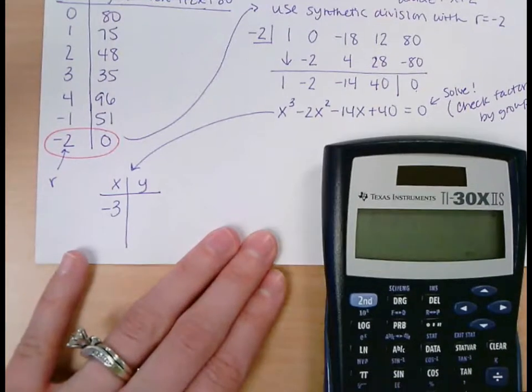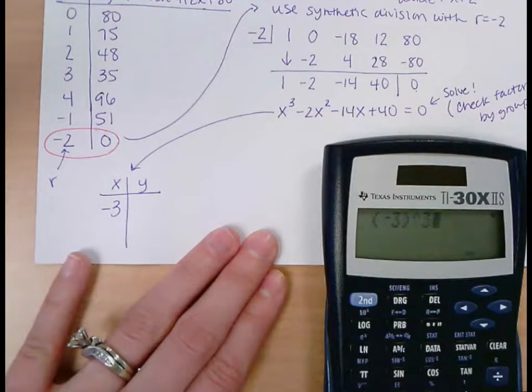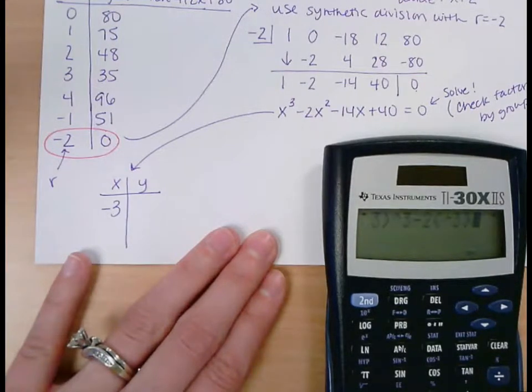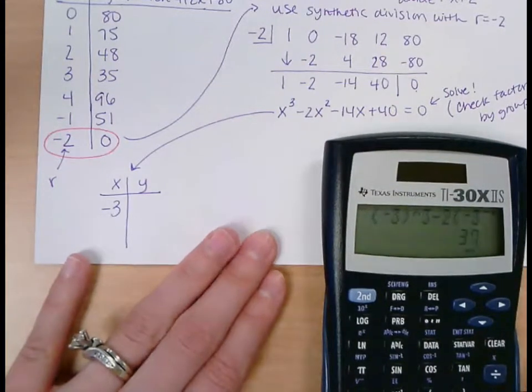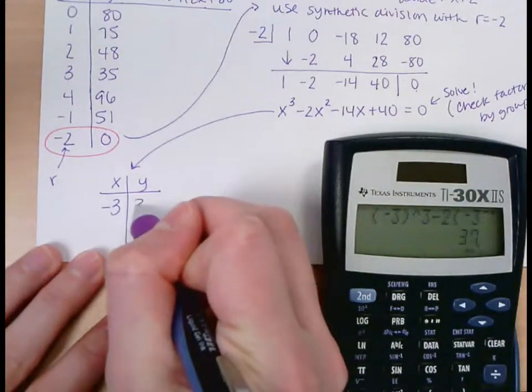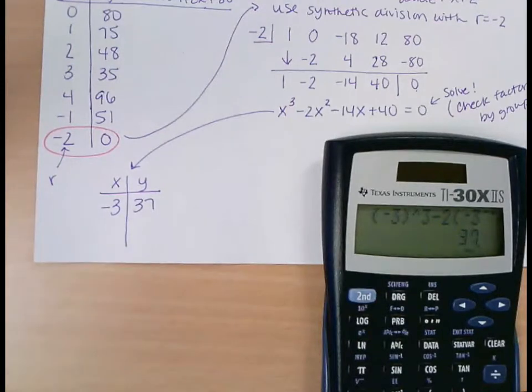So I have -3 cubed minus 2 times -3 squared minus 14 times -3 plus 40. That's 37. Okay, that doesn't work.